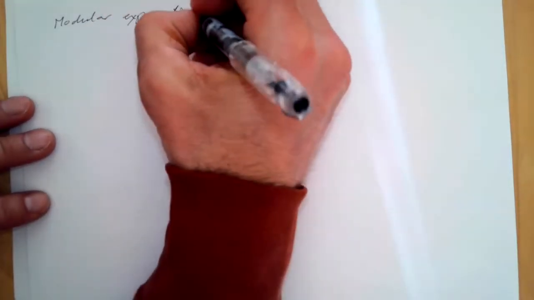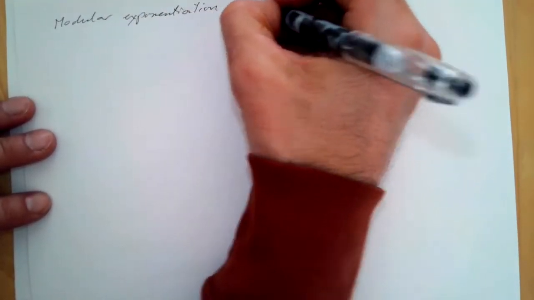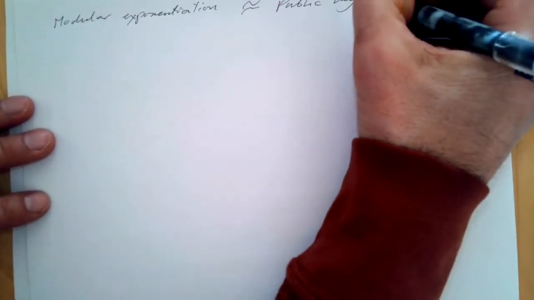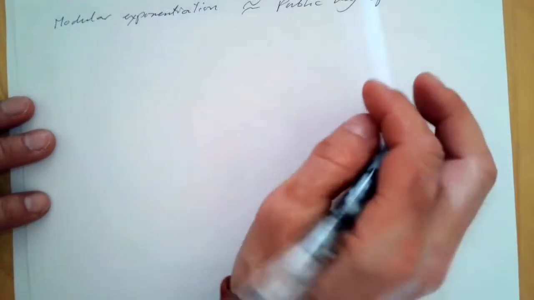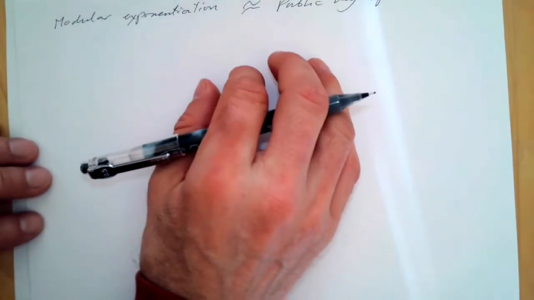Modular exponentiation will be like a public key operation. Right now, it's very hazy what exactly that means.